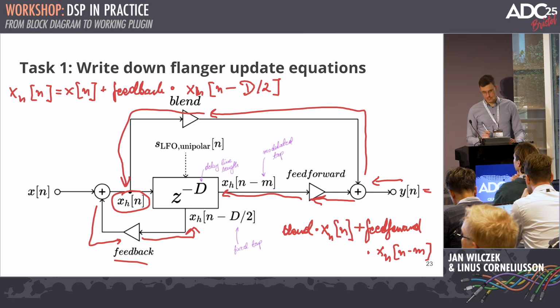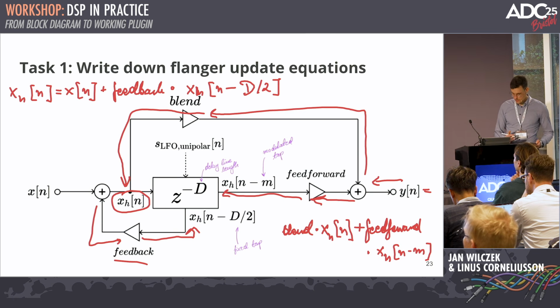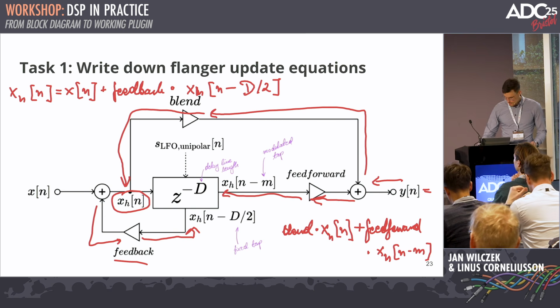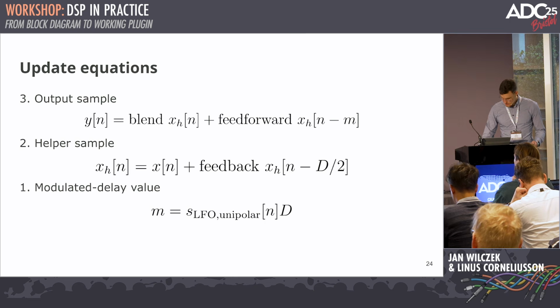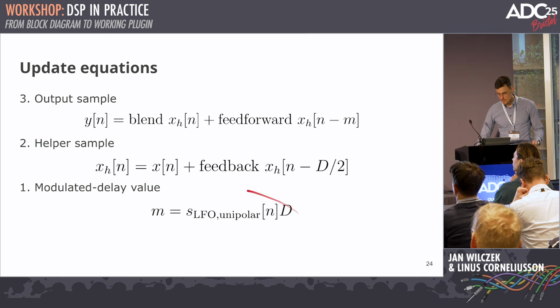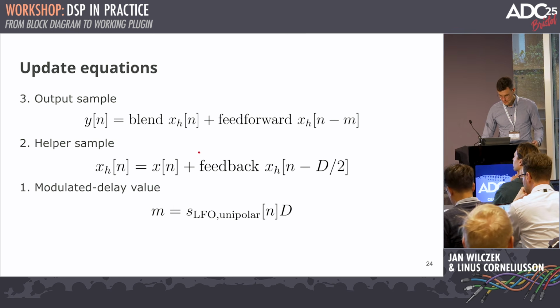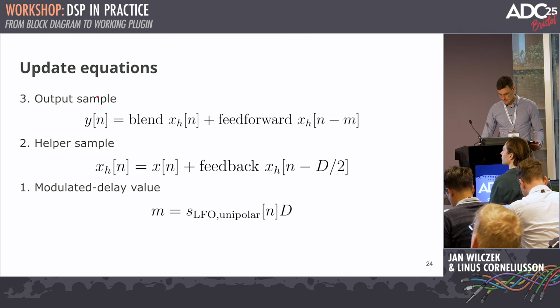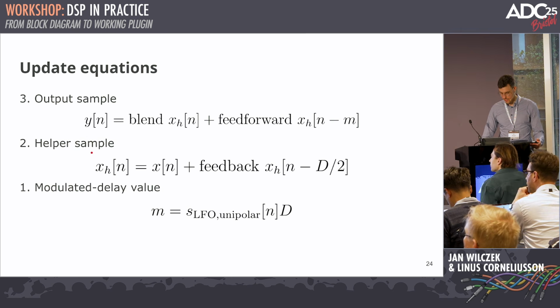So the last equation that we need is the one for m. And frankly, I'll just show it to you. It's just the value of the LFO, which is from 0 to 1, multiplied by the length of the delay line. And here are our three update equations.